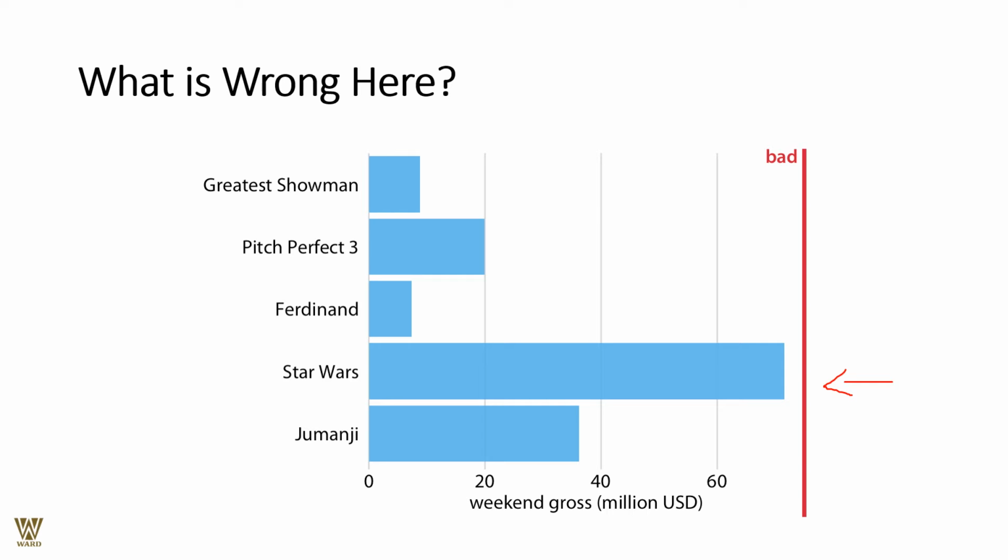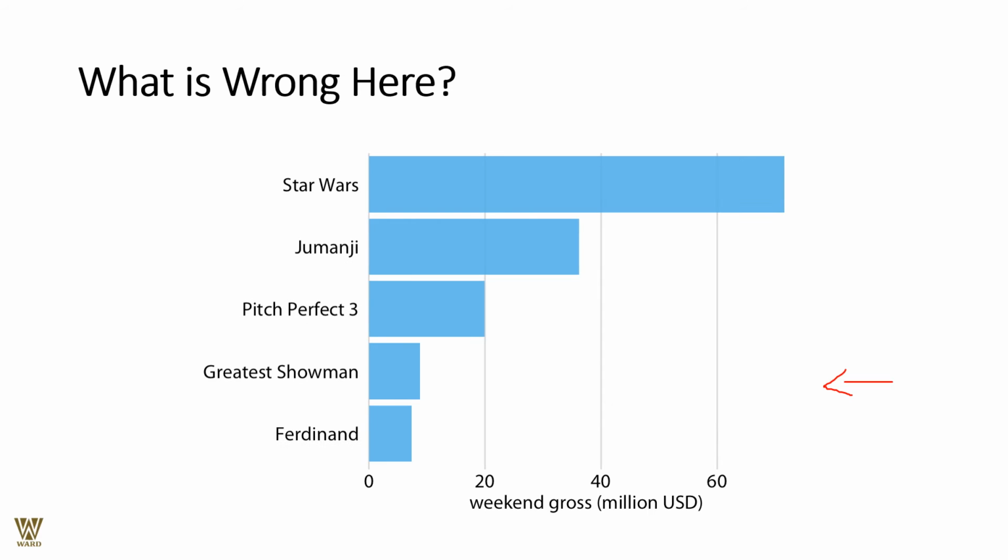So I might safely say to avoid those three movies, Ferdinand, Pitch Perfect 3, and The Greatest Showman. If I have money to spend, I would love to watch Star Wars as a first option, and the second option remains Jumanji. And that is what we are looking at. The bar graph will tell me what to do and what not to go for.